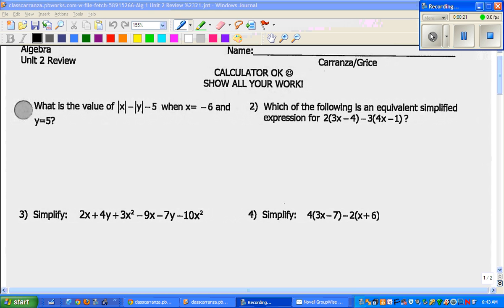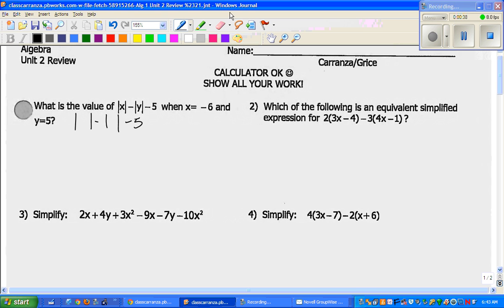Now, problem number 1 says, what is the value of the absolute value of x minus the absolute value of y minus 5 when x equals negative 6 and y equals 5? So, first thing I'm going to do is rewrite this problem, and plug in negative 6 and 5.